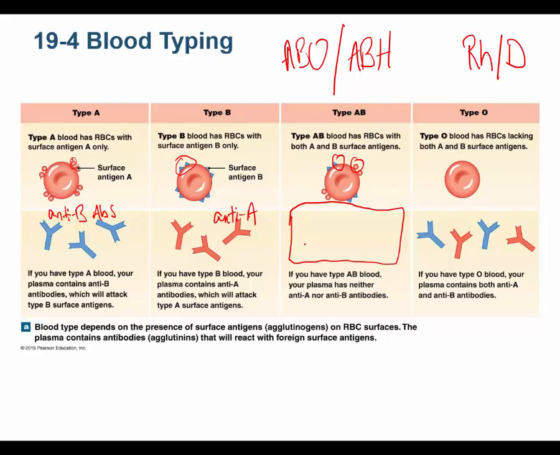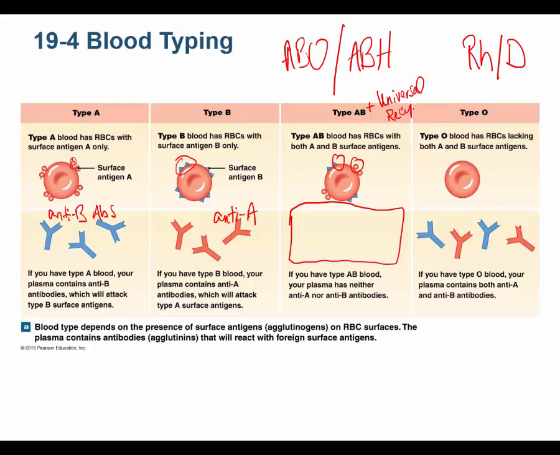They make antibodies against streptococcus and staphylococcus and things like that, but they don't make any antibodies against the A antigen or the B antigen. So does that mean that this person could receive any unit of blood? Yeah, that's what that means. Type AB, and more specifically type AB positive, which we'll get to, is the universal recipient.